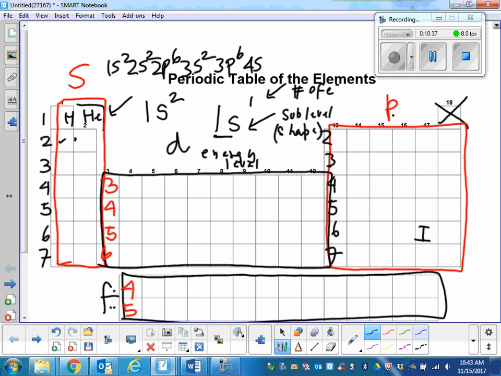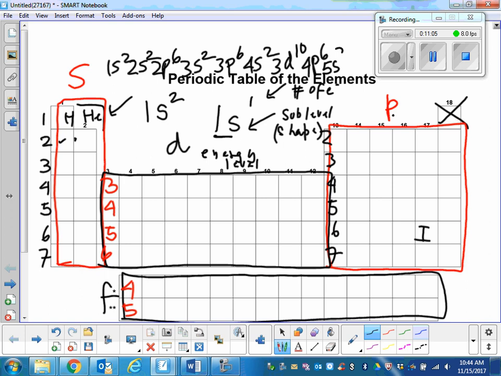It's 4s2. Thank you, Mr. Tennyson. What is after 4s? 3d. And how many in the d? 1, 2, 3, 4, 5, 6, 7, 8, 9, 10. It's 3d10. What is after 3d? 4p6.